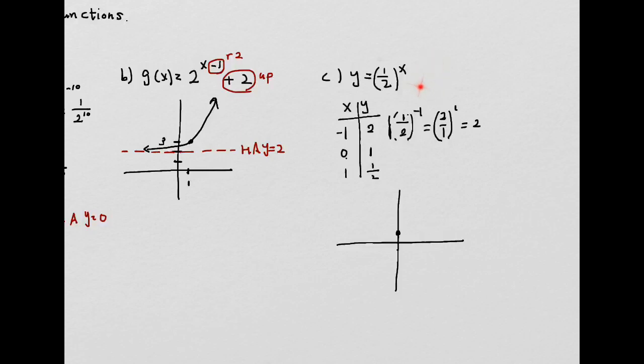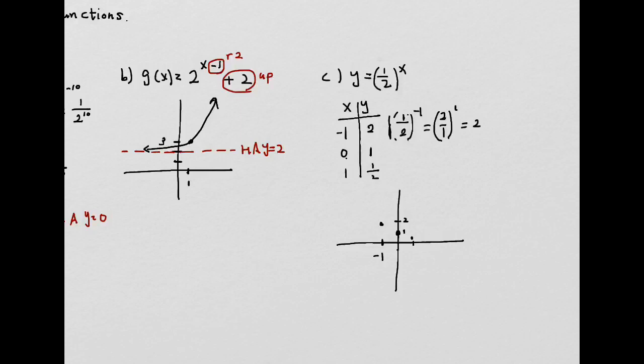But as long as you don't have any additions or subtractions to the function or to the variable, it will always pass 0 and 1. When x is 0, y will be 1. And when x is negative 1, y will be 2. And when x is 1, it will be a half, right?